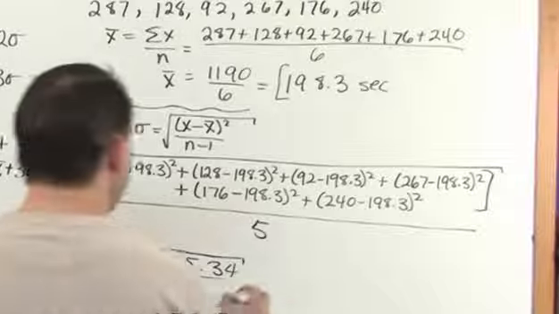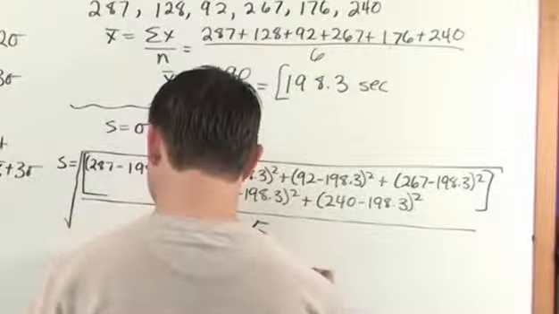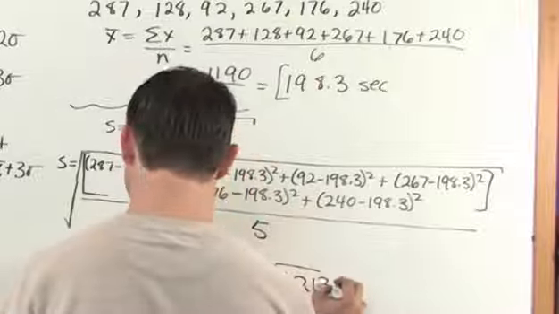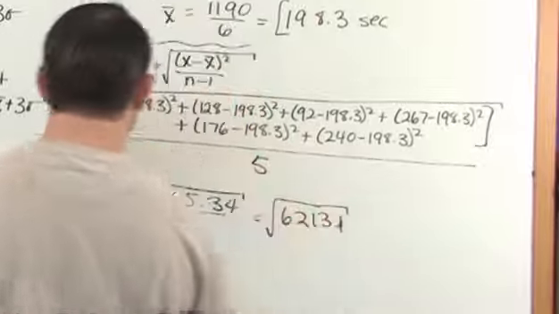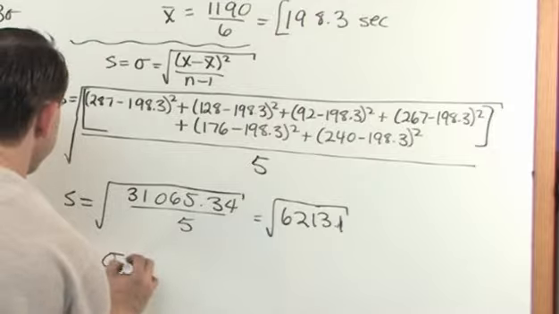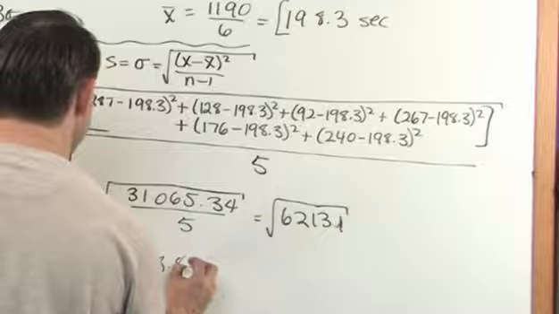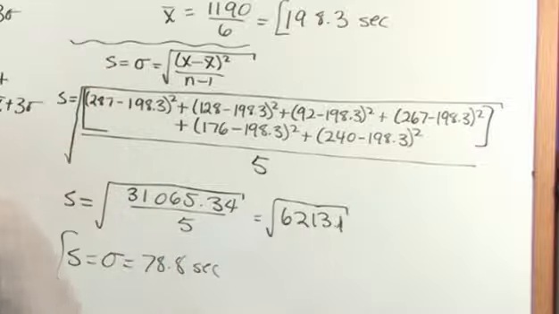So that's the square root of 6213.07. So the sigma is going to be 78.8 seconds. What this means is the mean was 198.3 seconds.